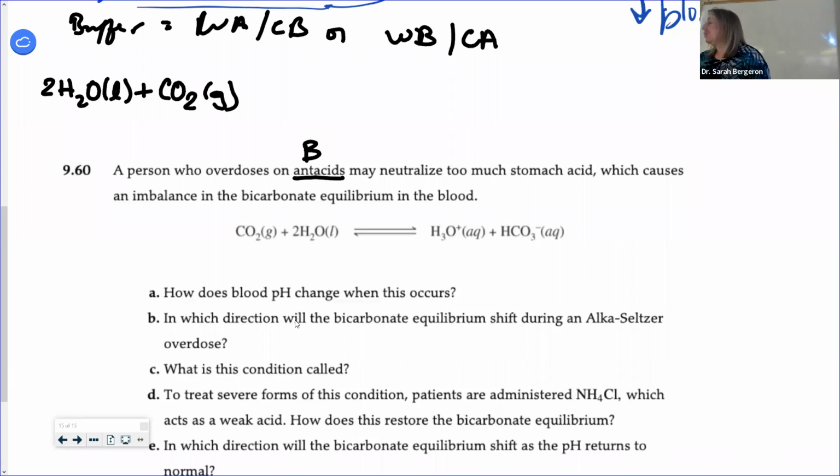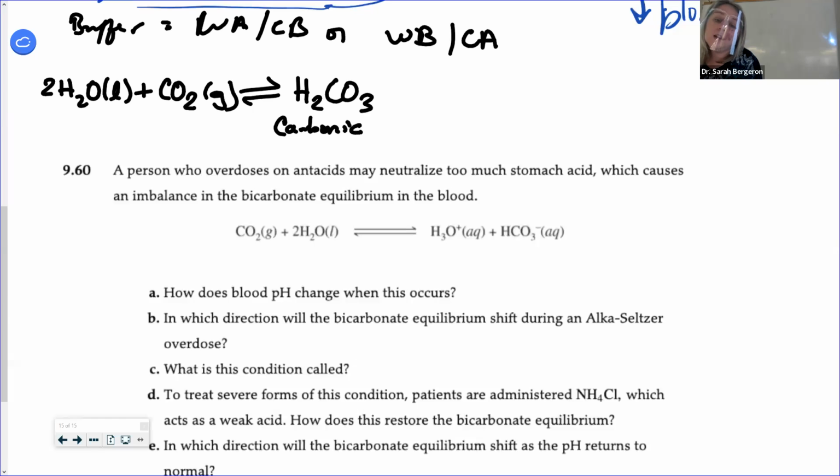Carbon dioxide gas. You inhale oxygen, you exhale carbon dioxide. But carbon dioxide actually dissolves inside of your bloodstream, and when it does that, you form carbonic acid, H2CO3, and it's an acid.